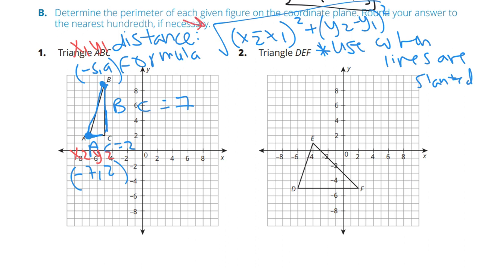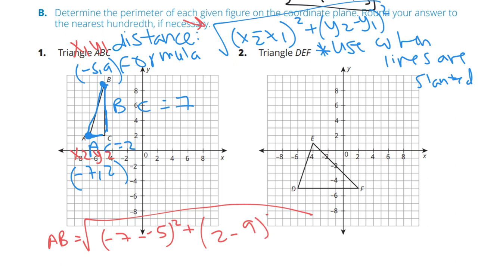So I'm going to do it down here. So I have AB, let me fix that actually. AB is equal to the square root, right? And let's plug it in. So x2 was -7 minus x1 was -5 squared plus y2 was 2 minus y1 is 9 squared.